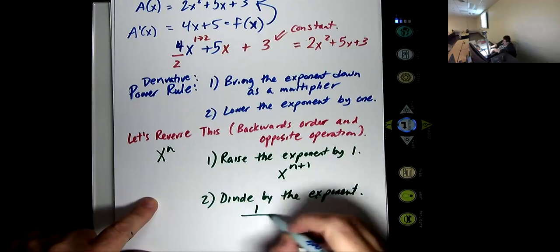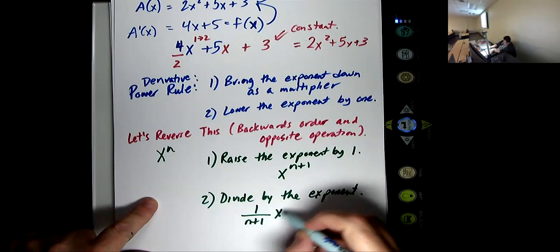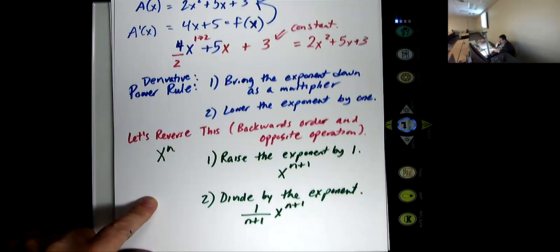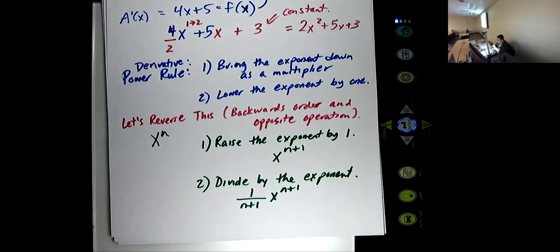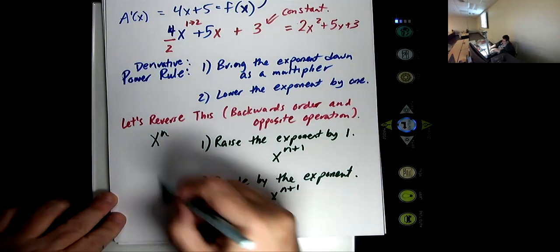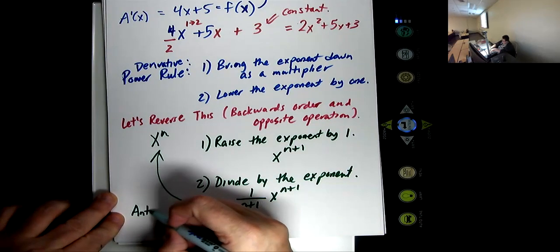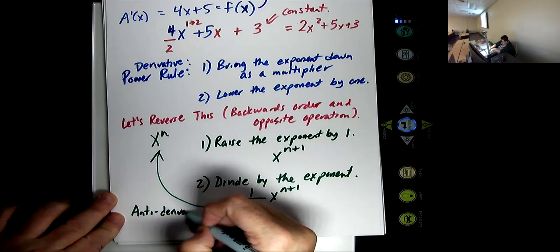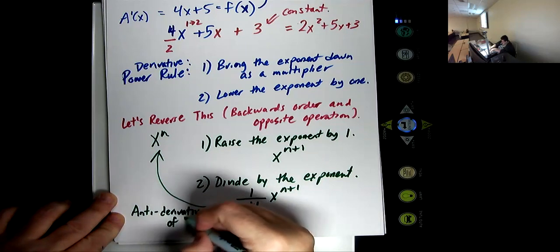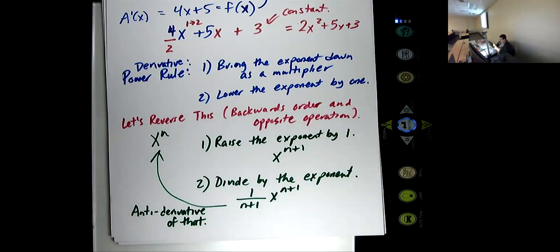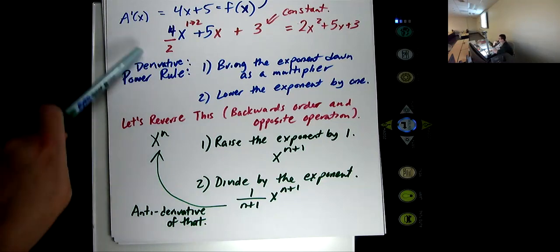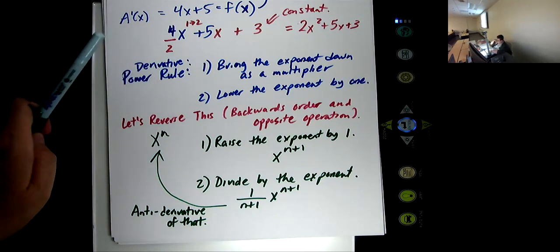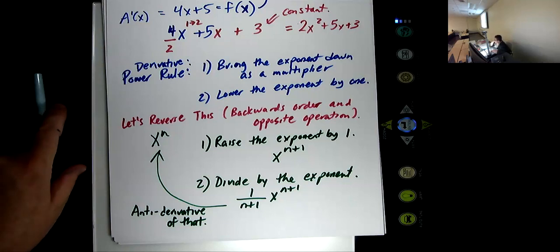We'll have 1 over n plus 1 times x to the n plus 1. So this would be the antiderivative of that. Let's see if we can apply that to the 4x plus 5. Let me let you finish writing this down.